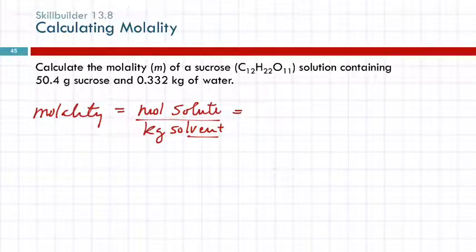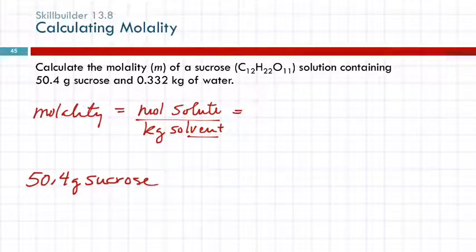So we need moles of sucrose. Well, they gave us mass, 50.4 grams of sucrose. Let's see if this number is still in my calculator. I think it was 342. So many calculations today. There it is, 342.3.